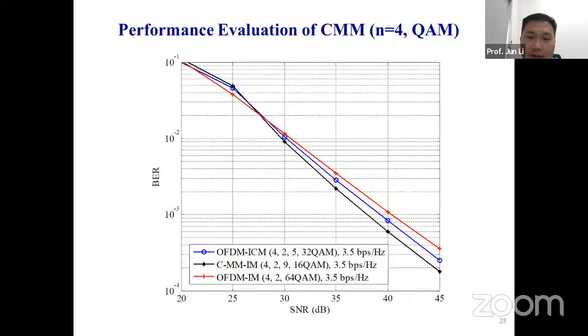So let's see another. This is QAM, with n equal to 4.